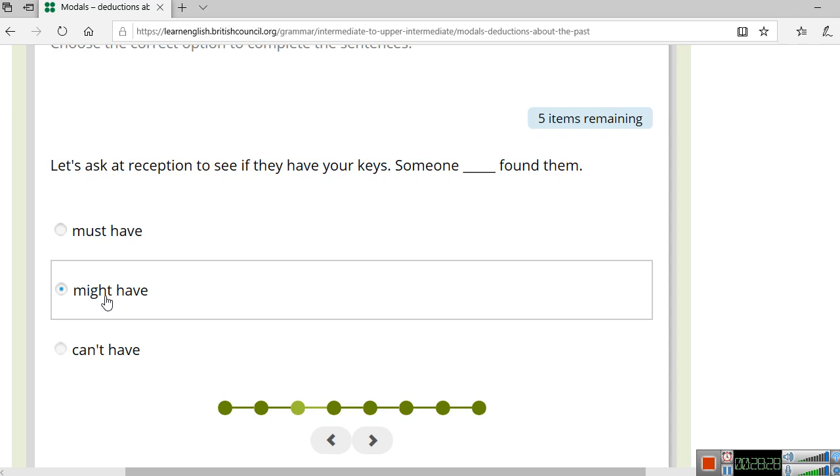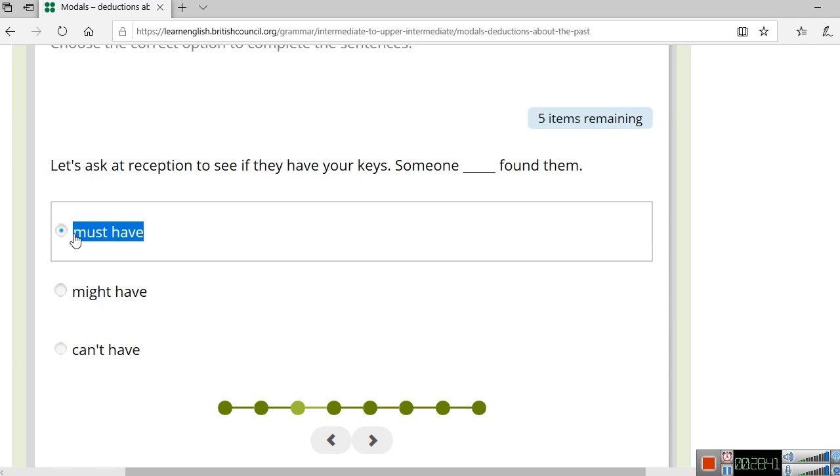Alright. Okay, so this one is also a very interesting exercise because most Americans would say must have, even though we're talking about a 50% chance, even though we're showing that we're not sure about something. They say must have, and there is a fatal grammar mistake. I have been complying to that.